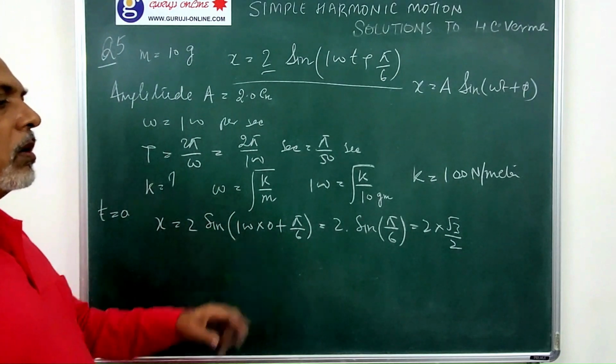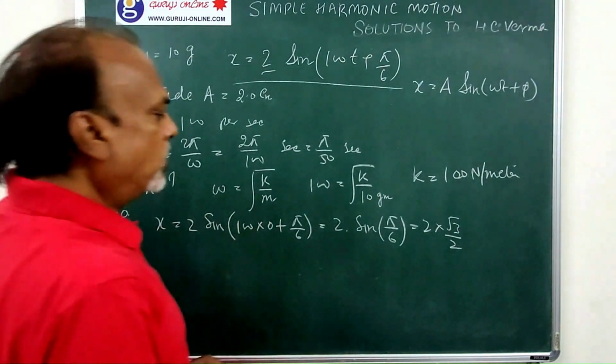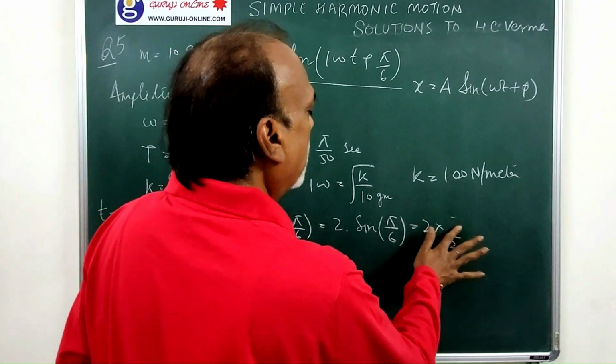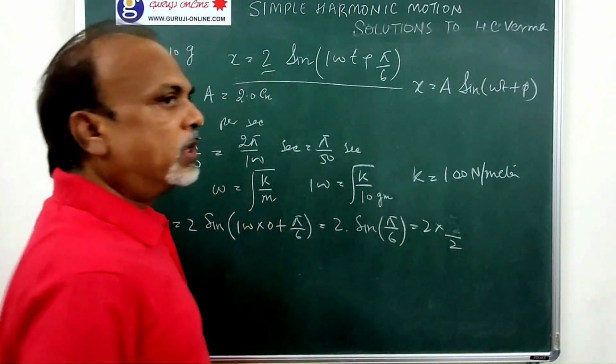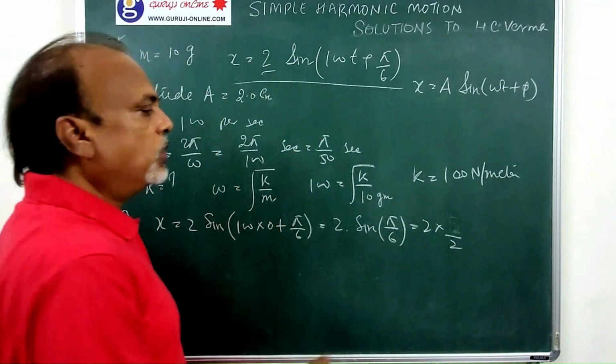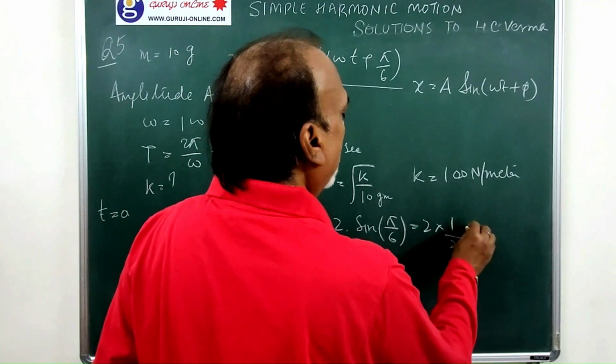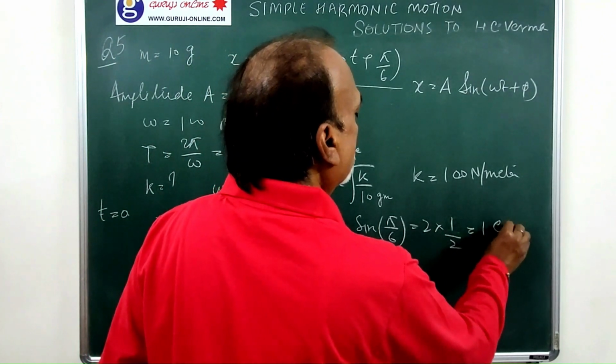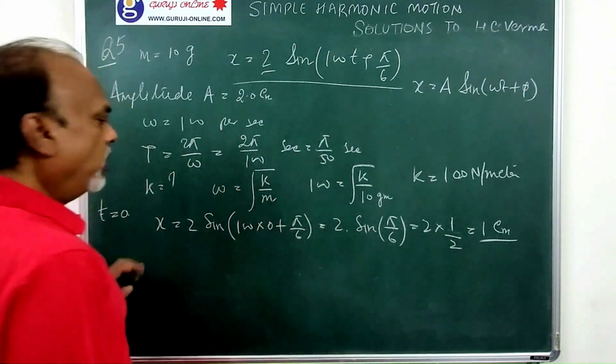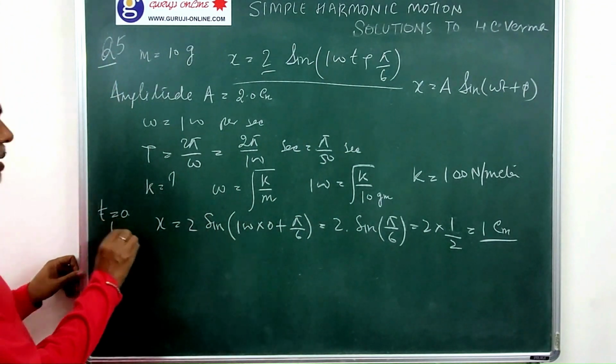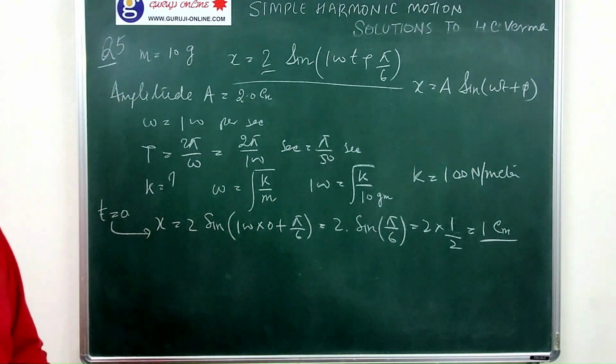Correct? Sorry, this is pi by 6. Sine pi by 6 is sine 30. Sine 30 is 1 by 2. And this will give you the position of the particle at t is equal to 0.